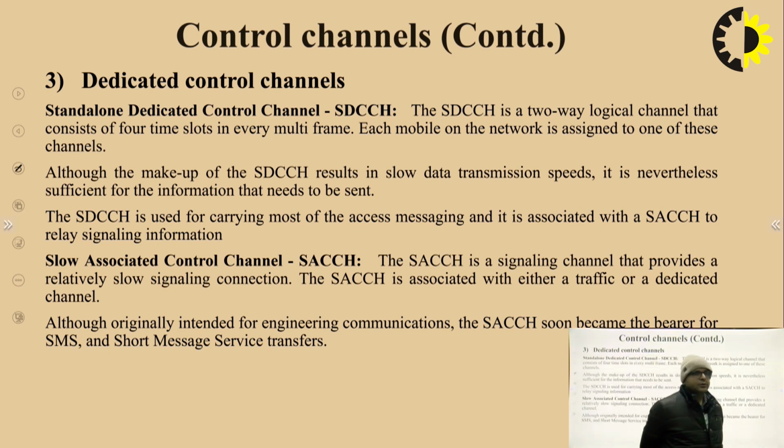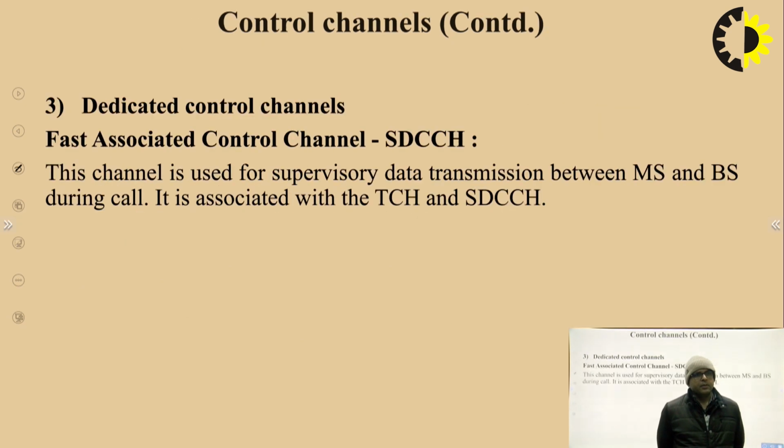Similarly, the slow associated control channel is a signaling channel that provides a relatively slow signaling connection. The last is the fast associated control channel, and this channel is used for supervisory data transmission between the mobile station and base station during the call.